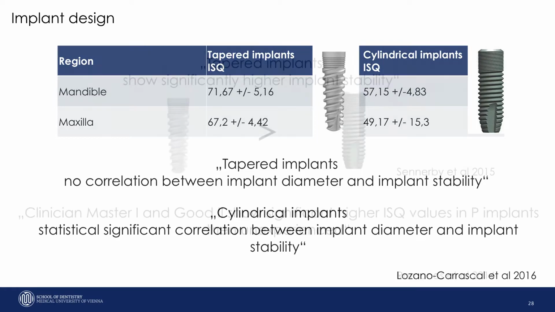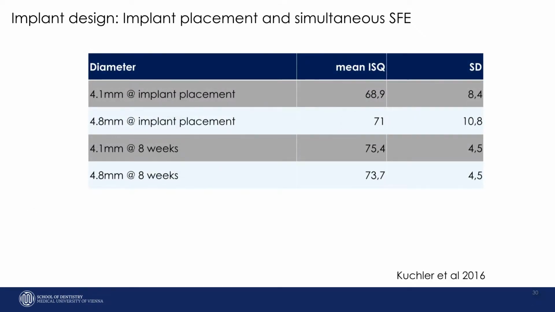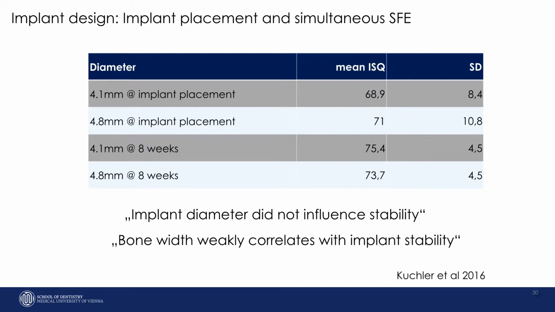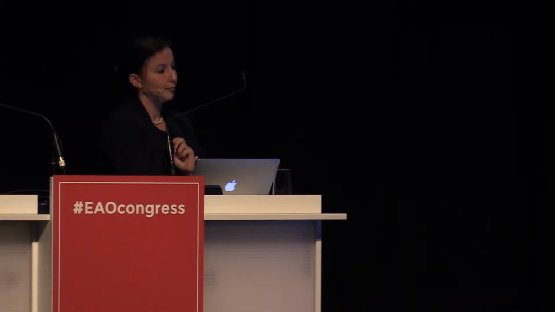Well, in the study that we did in Bern, we didn't find a difference between implant diameter and implant stability. And we could show a weak correlation with the bone width, but we did not reach the level of significance.